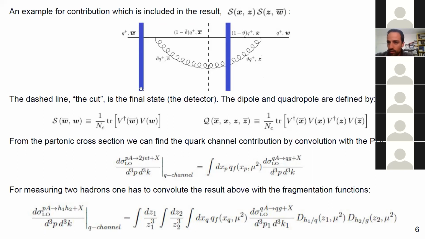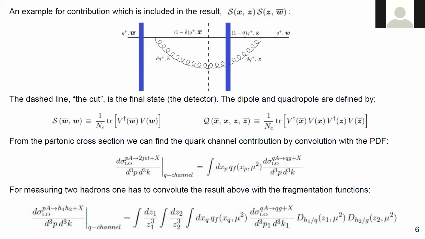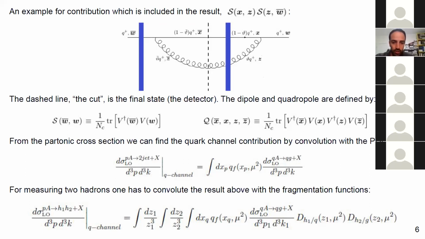Once we have this cross section, we can of course convolute it with a PDF. And then we make the transition from the partonic cross section to the dijet cross section. This is given by the following relation. And we can even do another transition.